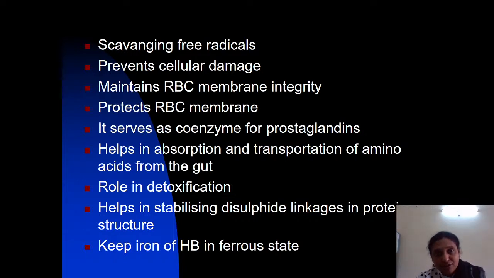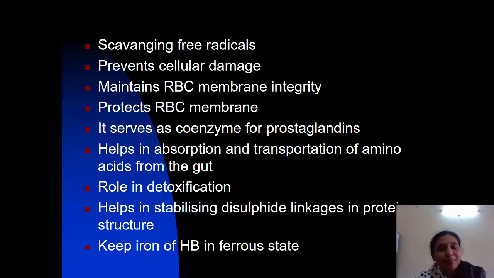If H2O2 remains in the blood, it may rupture and damage the cell membrane and RBC membrane. The production of H2O2 in the body cannot be stopped because it is produced by various metabolic reactions, but the H2O2 produced is removed from the body by glutathione.